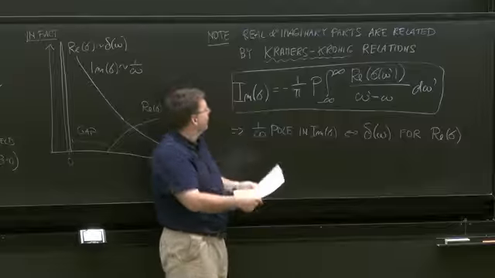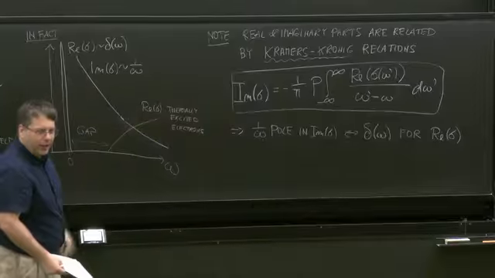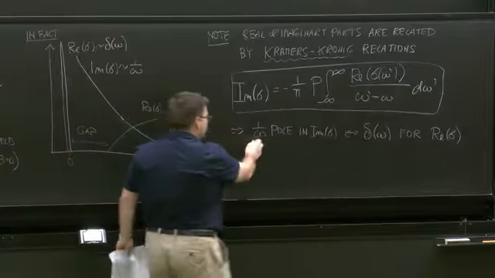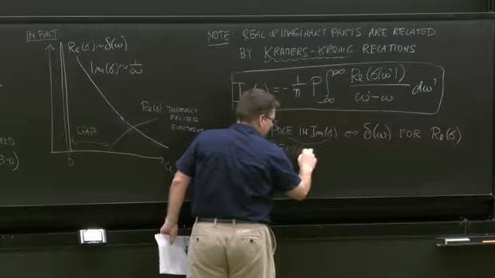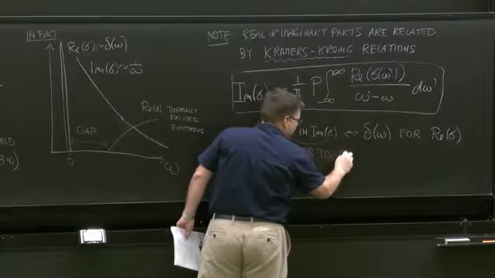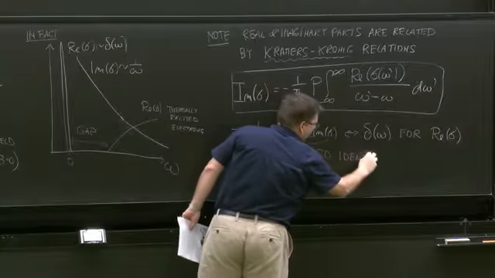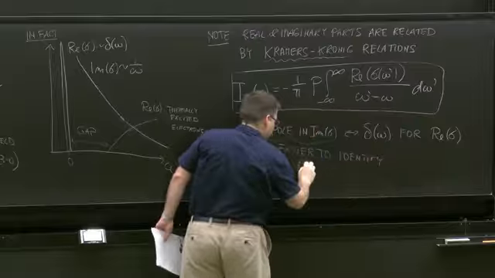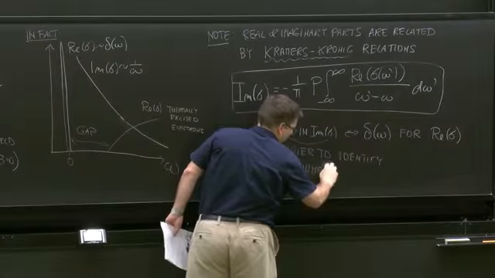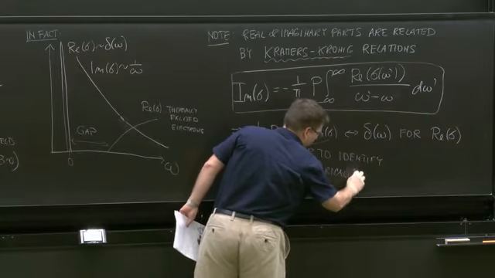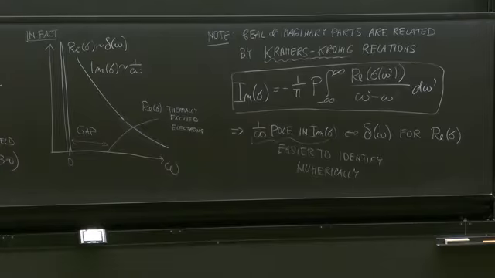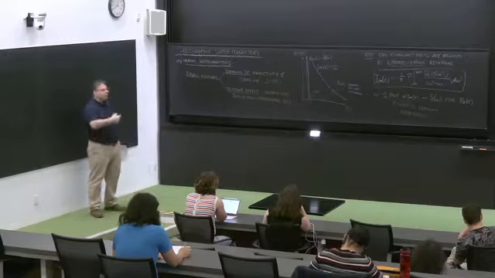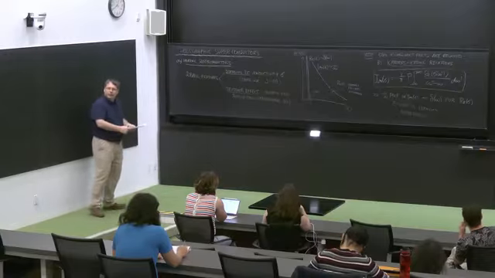I can start plotting it, so it's easier to identify numerically. For this reason, people take this 1 over omega behavior of the imaginary part of conductivity as a sign that you have infinite DC conductivity.